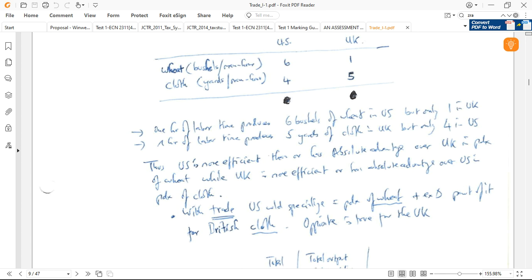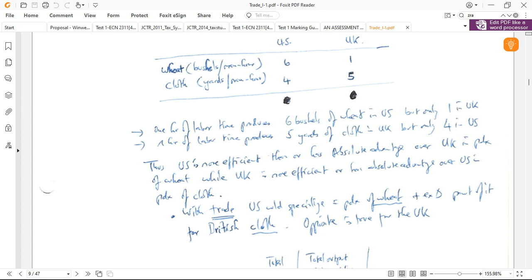Coming to cloth, 1 hour can produce 4 in the US, while the same 1 hour can produce 5 in the UK. Therefore, the US people are more efficient, they have an absolute advantage in wheat over the UK.